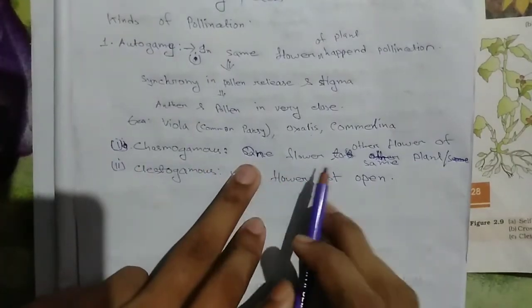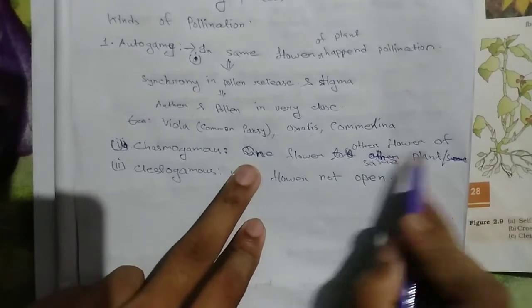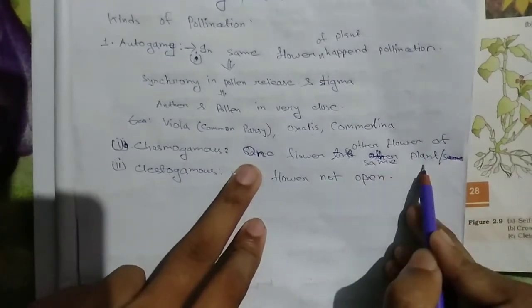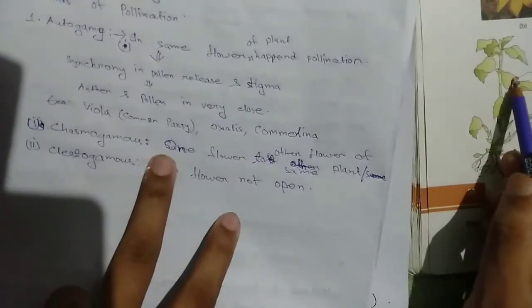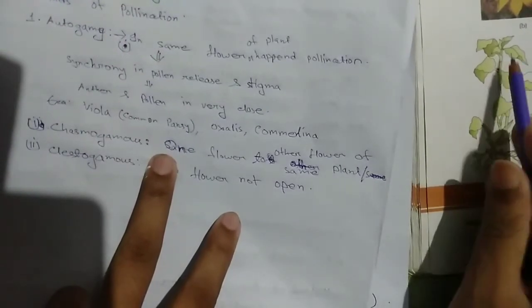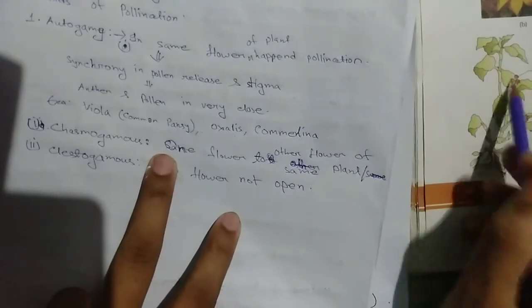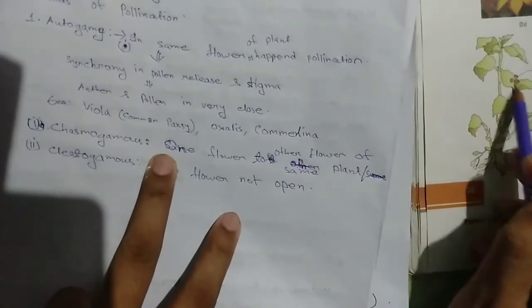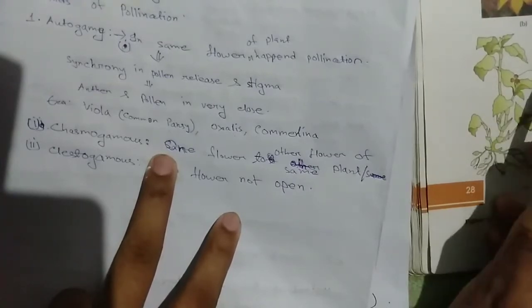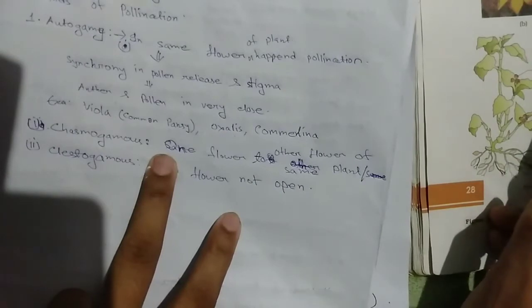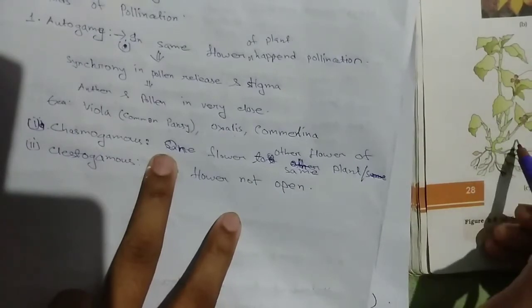Chasmogamous: pollination from one flower to another flower of the same plant. Here the plant is the same but the flowers are different, then it is known as chasmogamous pollination.